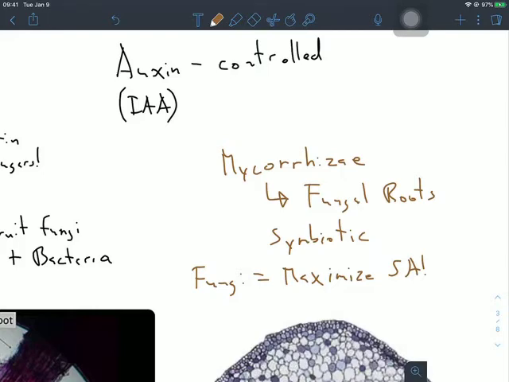Now, some fungi will break down dead things in order to derive their sugar. But other groups of fungi have developed the ability to trade. They've developed an economy of sorts.